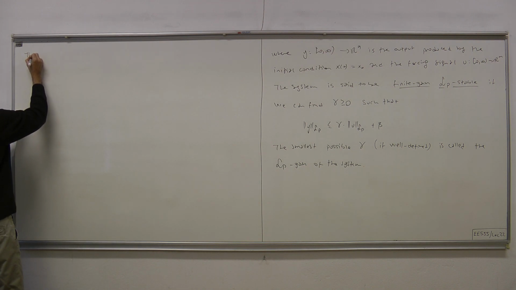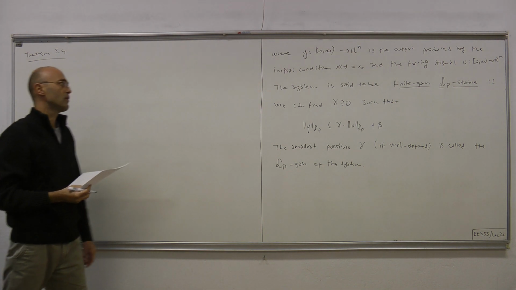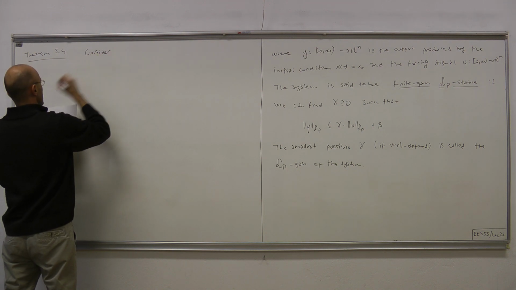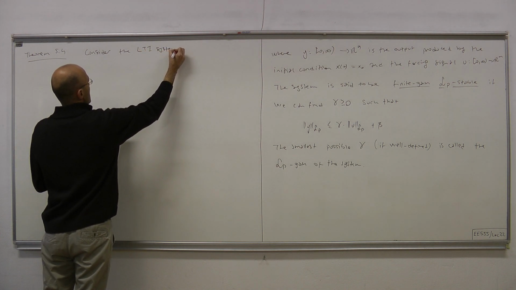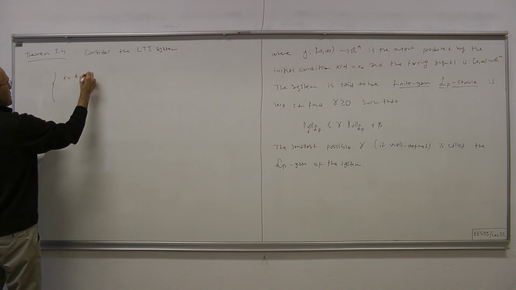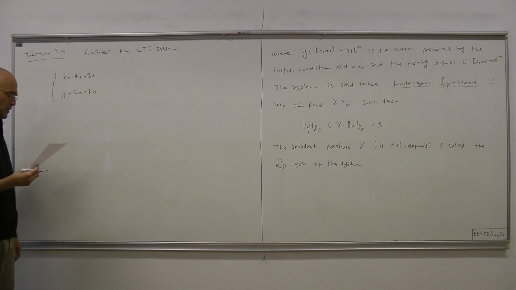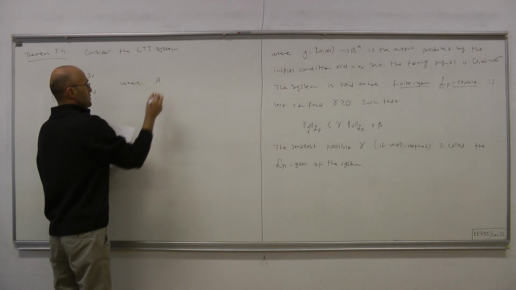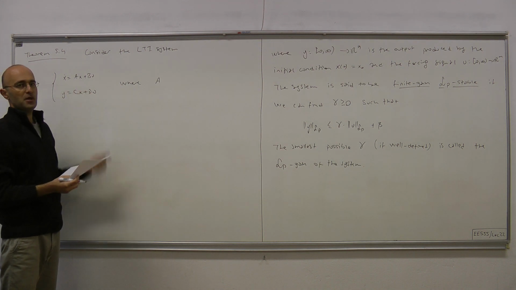This is our first theorem. It's theorem 5.4 in the text. Consider the LTI system, linear time invariant system, x dot equals Ax plus Bu, y equals Cx plus Du, where the system is exponentially stable in the sense of Lyapunov, meaning that the A matrix is Hurwitz.